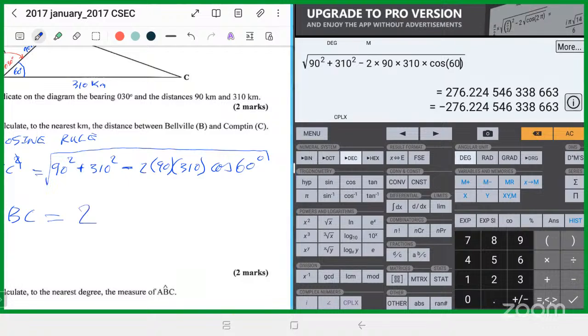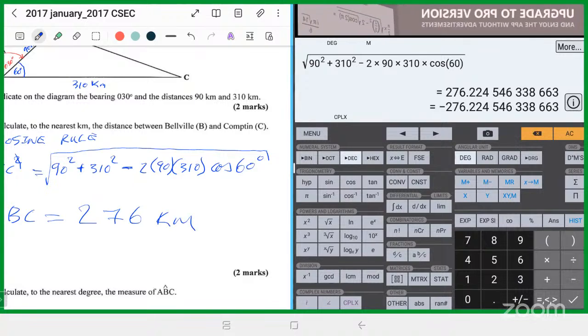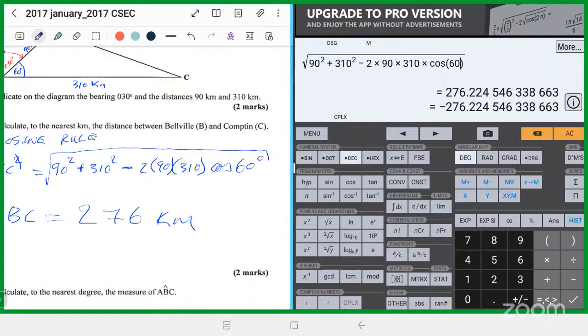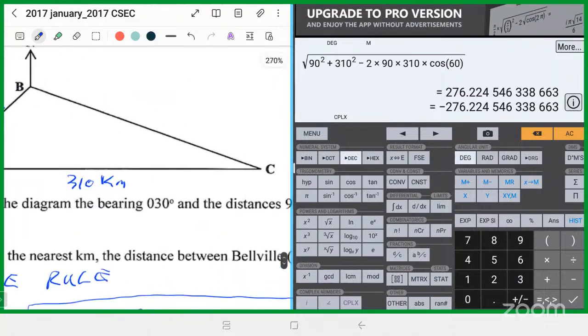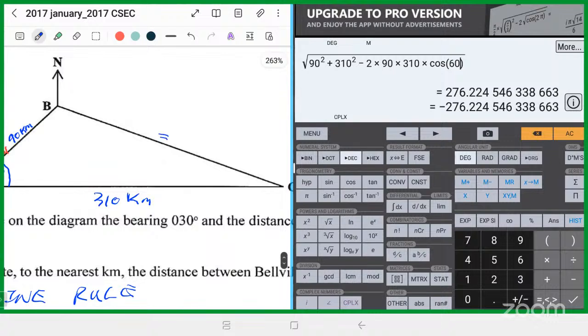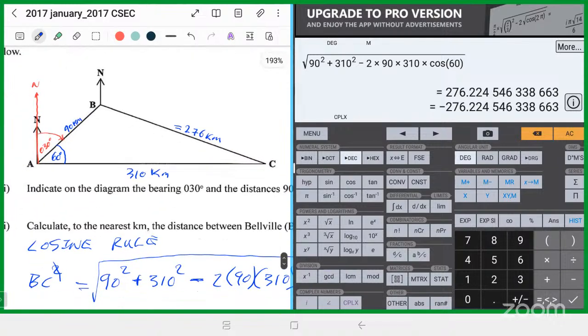So I'm going to write 276 kilometers. When I say to the nearest kilometer, I mean that you don't put any decimal on it. You go to the nearest whole number, 276. So it means then that this distance is equal to 276 kilometers. All right, that is that. Let's continue.